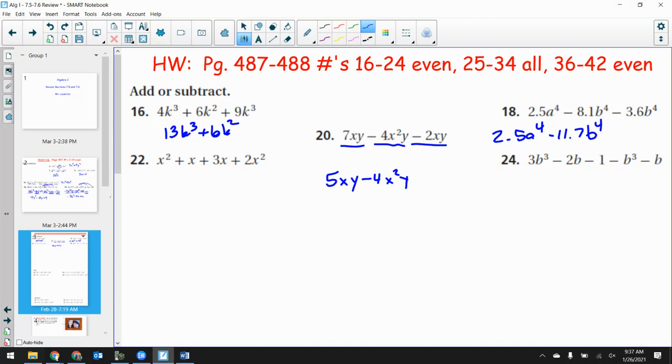Number 22, Addie, what'd you get for 22? I got 3x to the second plus 4x. Good. 3x squared plus 4x. Good. And then number 24, Kaylee, what'd you get for 24? Negative 3 what? Negative 3b.